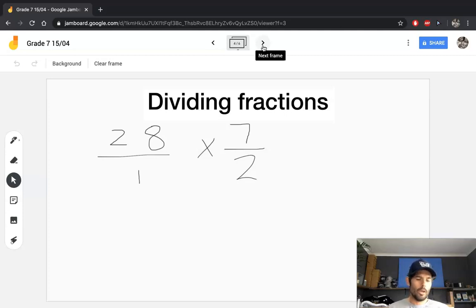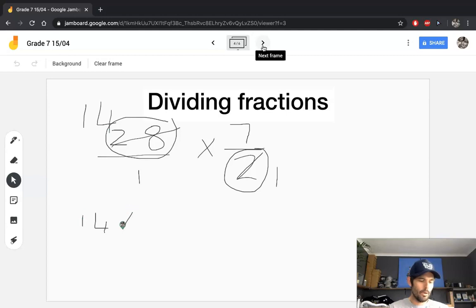Okay, so if I have a number like I've got 2 here, and that 2 can go into the opposite diagonal number perfectly. Okay, 2 goes into 2 once and into 28 14 times. Okay, now I can just say 14 multiplied by 7, which gives me 98.